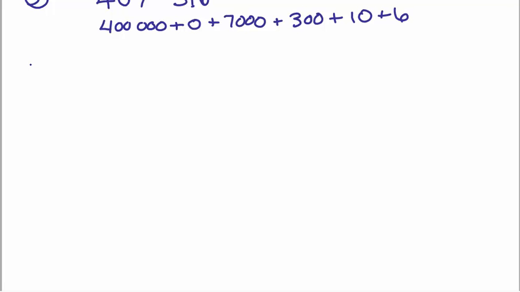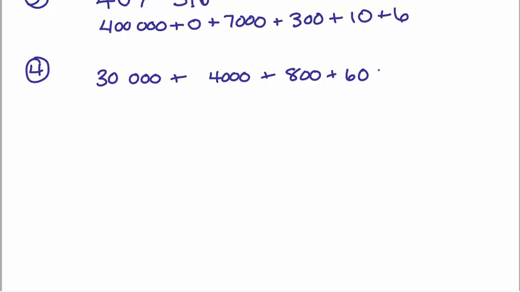Moving to another example. Example number 4. We are going to go backwards this time. We're going to go from expanded form to standard form. So here's a number written in expanded form. We're going to start with 30,000 plus 4,000 plus 800 plus 60 plus 2.